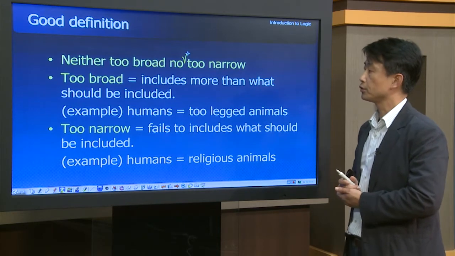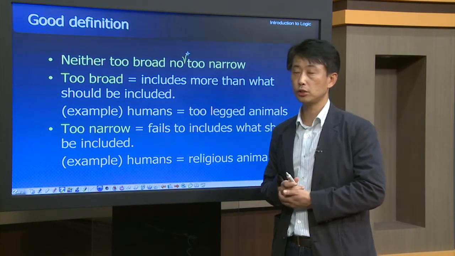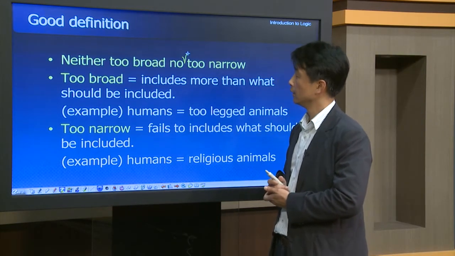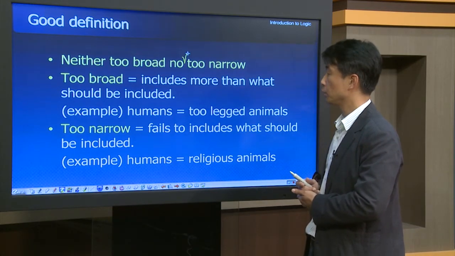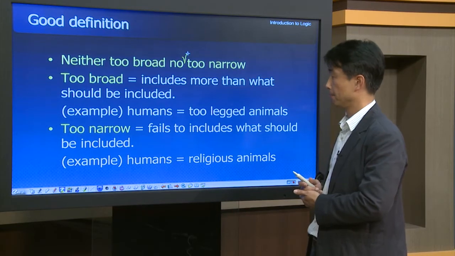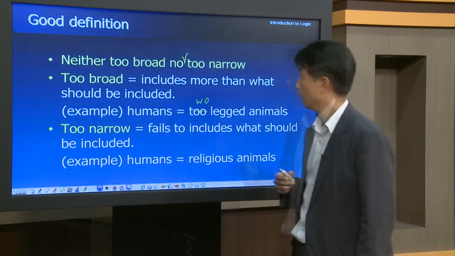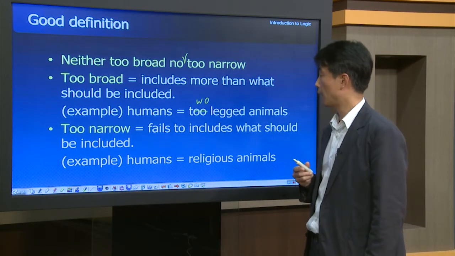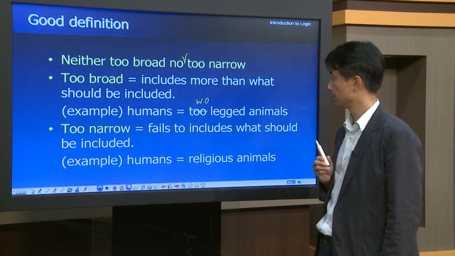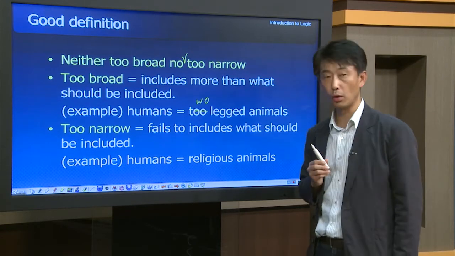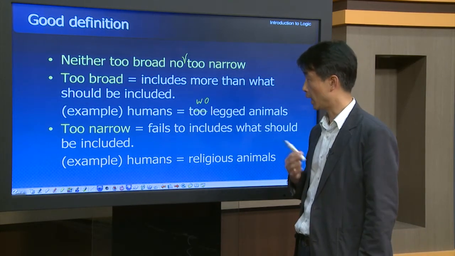What does it mean to say a definition is too broad? Well, it means that a definition includes more than what should be included. For example, if you define humans by saying humans are two-legged animals, this is too broad. Why?